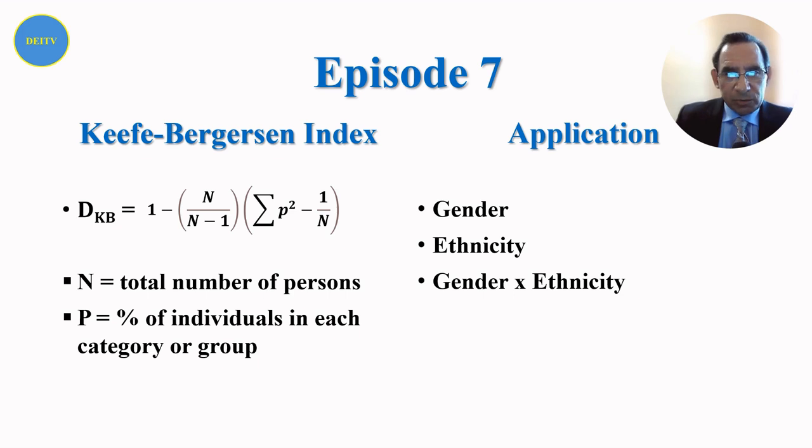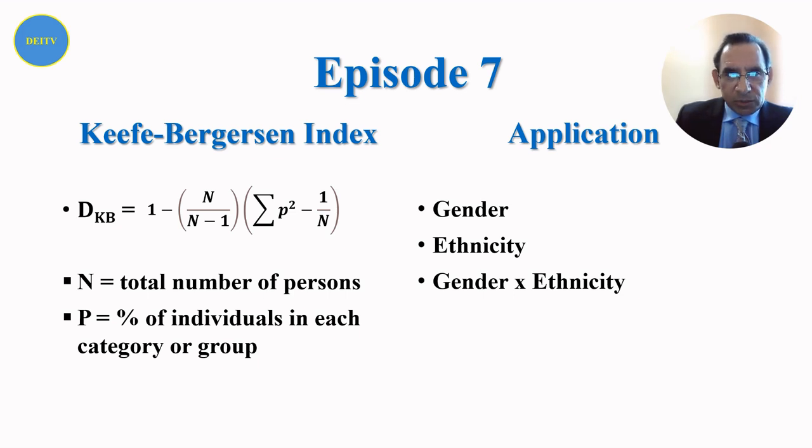Briefly, next week's episode 7 will cover the Keefe-Bruggeson Index. Like the indices presented in previous episodes and in this episode, the Keefe-Bruggeson Index is based on the Simpson Index. It utilizes the Simpson concentration score, which is represented as a sum of p squared. And recall, in this episode and in previous episodes, capital N equals the total number of persons in the organization.